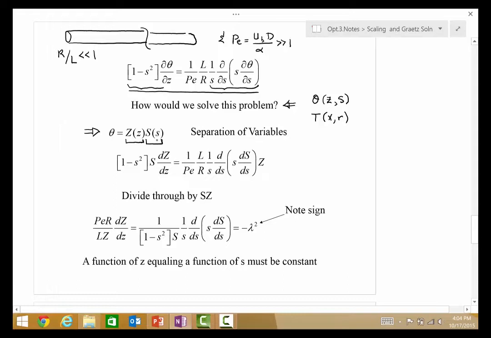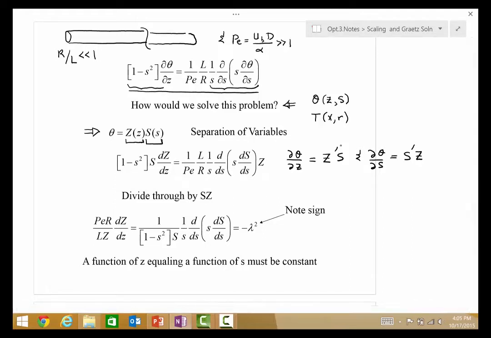Using standard separation of variables techniques, all that means is that we're simply thinking of d theta dz as Z prime S and d theta ds as S prime Z, where the primes represent the derivative with respect to either z or s.